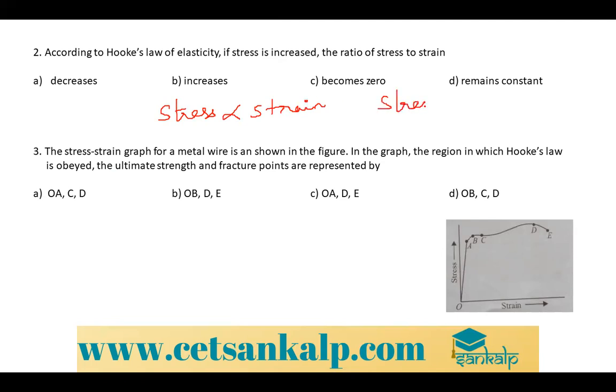So stress divided by strain is nothing but Y, that's a constant. As you can see from this relation, it remains constant, right? Fine. So the stress strain graph for a metal wire is as shown in the figure.